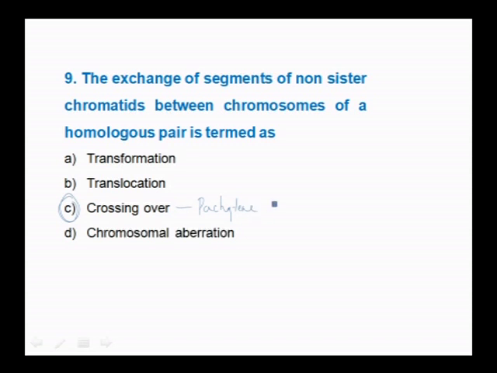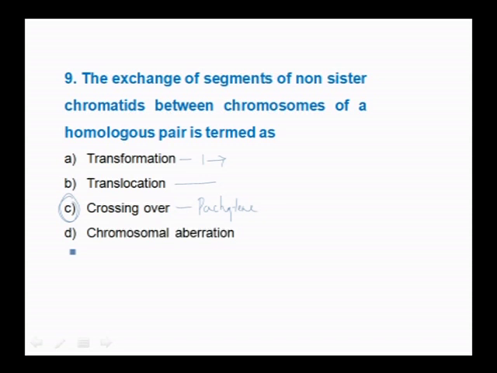Now let us understand why others are not the option. A refers about transformation. Transformation is conversion of one form of cell or bacteria into another type. Translocation is indicating the exchange of fragments of chromosomes or chromatids between the non-homologous chromosomes. So it is a kind of mutation or problems associated with DNA, you can consider.